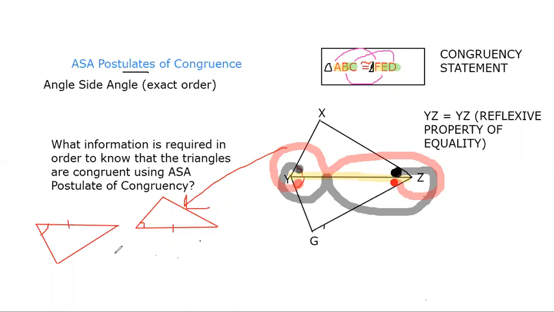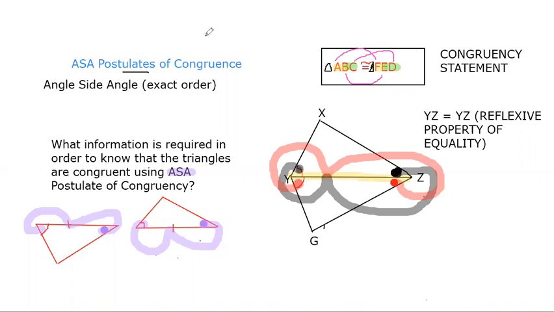Now let's read them when they're not stuck together because sometimes that's easier. So I'm looking for angle, side, angle. Let's start at the angle, to the side I know about. What am I missing? The angle. Start at the angle I know, to the side, what am I missing? That last angle in the story.